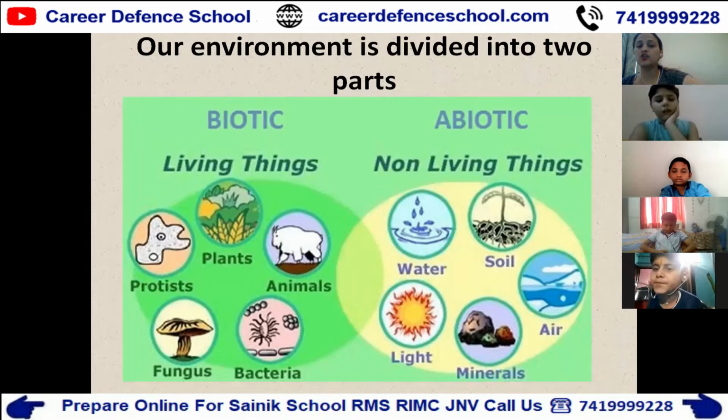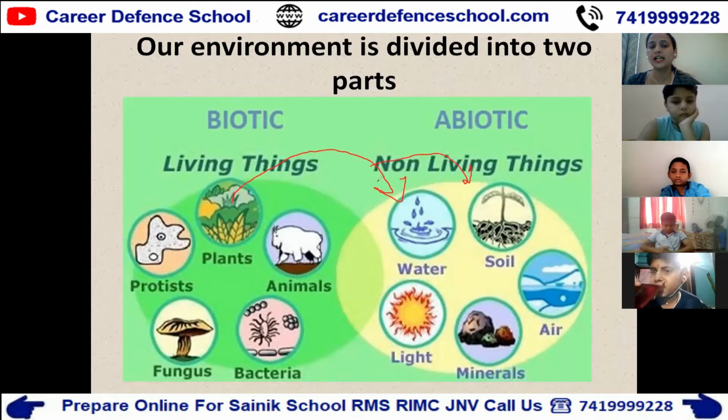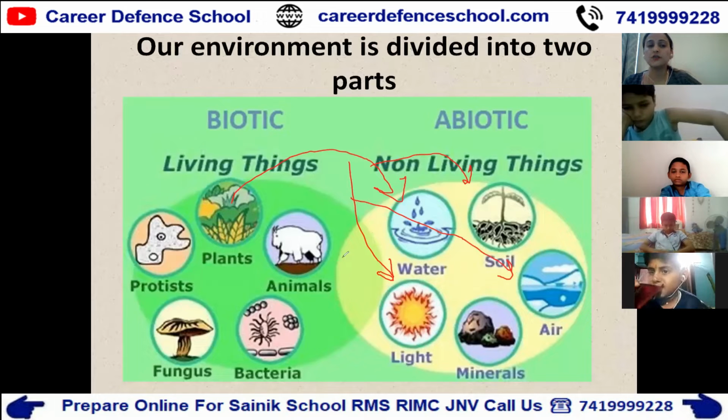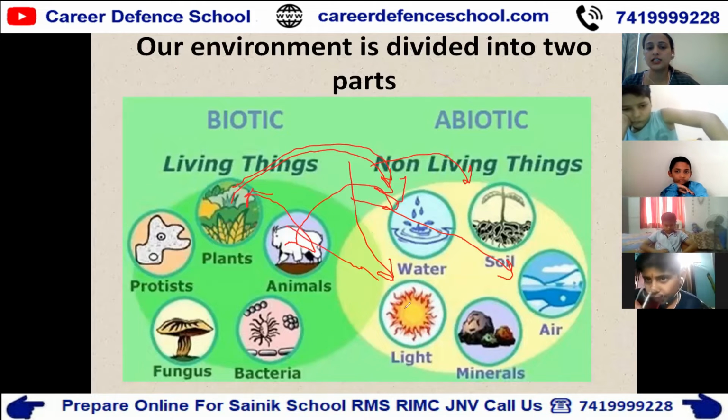And we depend on abiotic things. Let us see, plants cannot survive without water, without soil, without light, and without air. So we are dependent on these non-living things. Animals cannot survive without water, without plants, without sunlight, without air. So we are dependent on abiotic things.